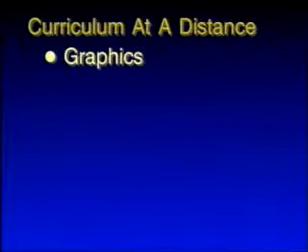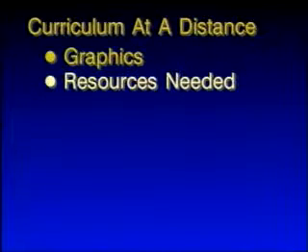As we examine and re-examine our curriculum, we need to look at graphics or materials that are already in use and see how we can adapt them. We need to look at the resources that are needed both in the classroom and outside of the classroom. For example, if a teacher has a library media assignment in which the students need to get particular resources, and those are not available at the distance site, those students are handicapped.